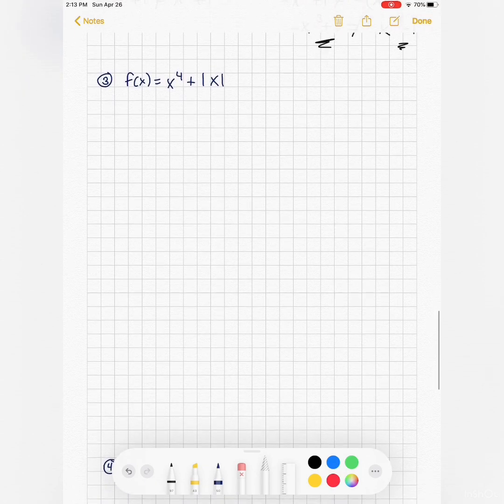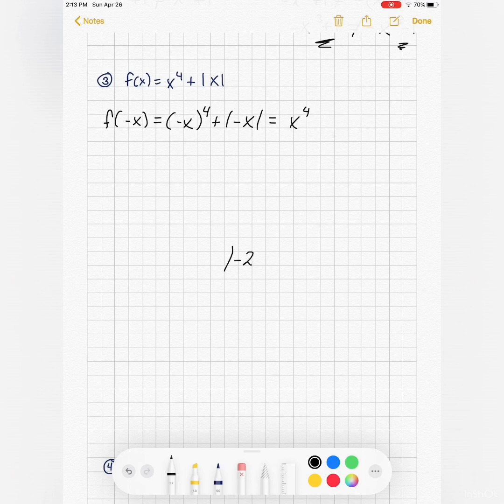Okay, something like number 3. So it's the same thing every time. So I start by finding f of negative x. Okay, negative to the 4th power turns positive. Okay, what about absolute value? So look, absolute value of negative 2 is 2.